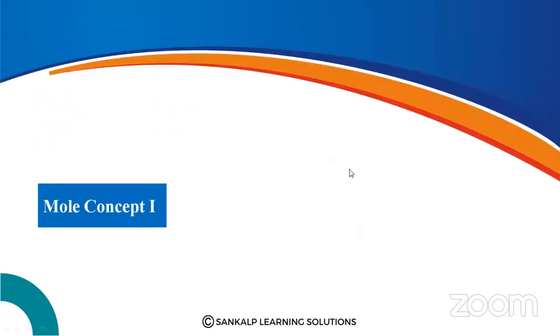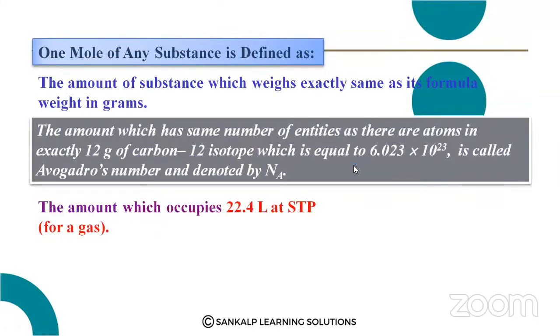So the next concept is the mole concept, a very important concept. What is 1 mole? 1 mole of any substance is the amount which has the same number of entities as there are atoms in exactly 12 grams of carbon-12 isotope, which equals 6.023 into 10 raised to 23, called Avogadro's number, denoted by Na.